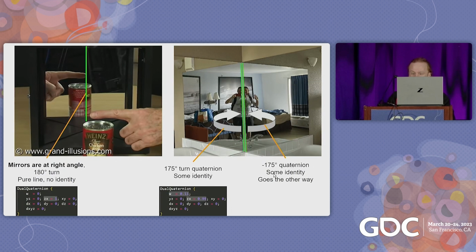It's got some amount of identity again, and it goes the other way, clearly, which means that as a dual quaternion, it's got the same amount of W, and the line is the same except that it's been multiplied by minus 1. So we've taken the 0.99, and we've gotten minus 0.99, because we've gone from going clockwise to counterclockwise, or the other way around, I'm not sure.